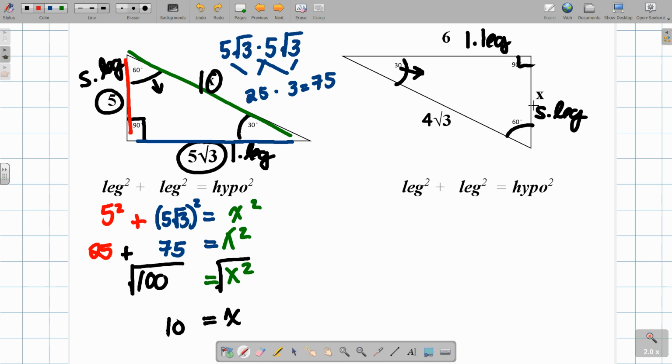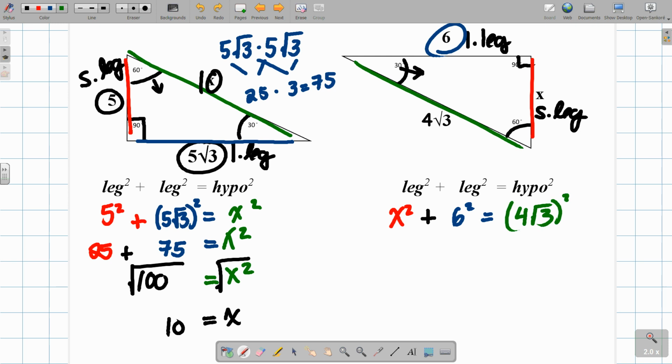Let's try another one. Our short leg this time is our unknown, x, plus our long leg is 6 equals our hypo, which is 4 root 3 parentheses squared.